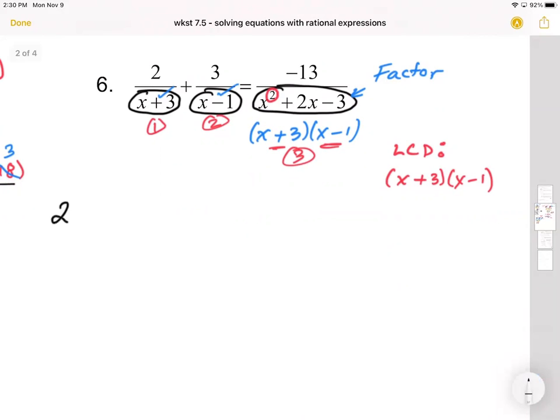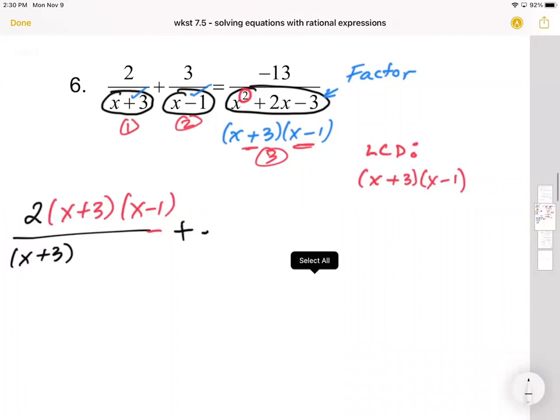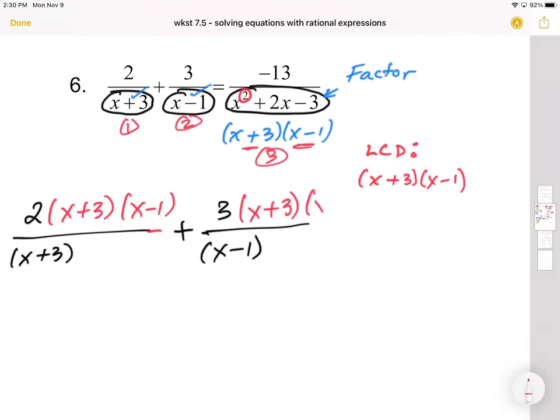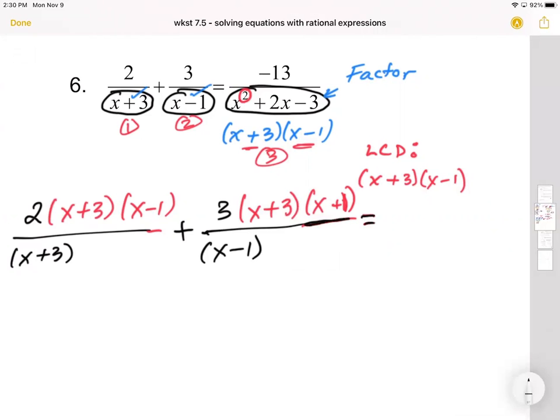My original problem is 2 all over x plus 3, plus 3 over x minus 1, equal to negative 13 all over my new factor, x plus 3, x minus 1. For the first fraction, I take my LCD, x plus 3, x minus 1, and put it on the numerator. For the second, I take my LCD and put it on the numerator.